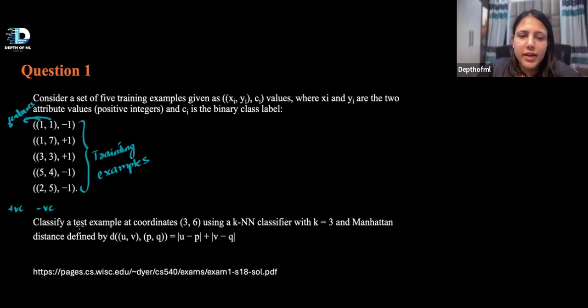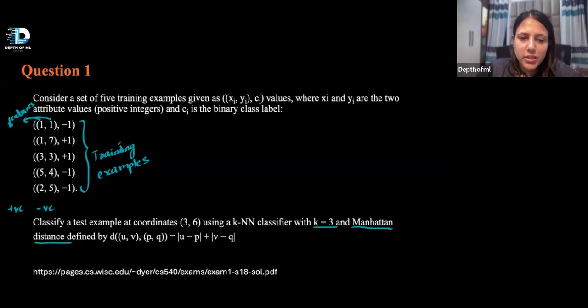It's saying classify a test example, which is at coordinate 3, 6. We have to classify this using KNN, where we have to use K equals 3. They have also specified what distance metric we have to use. They're using Manhattan distance.